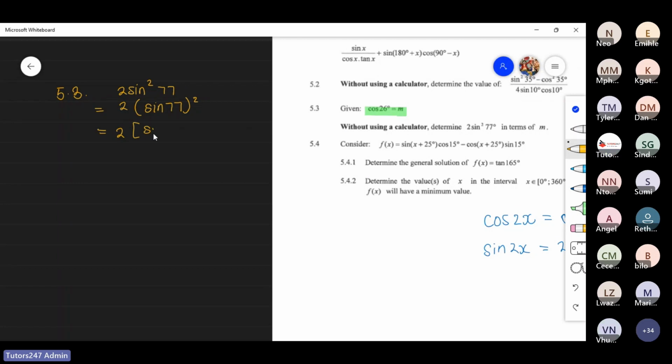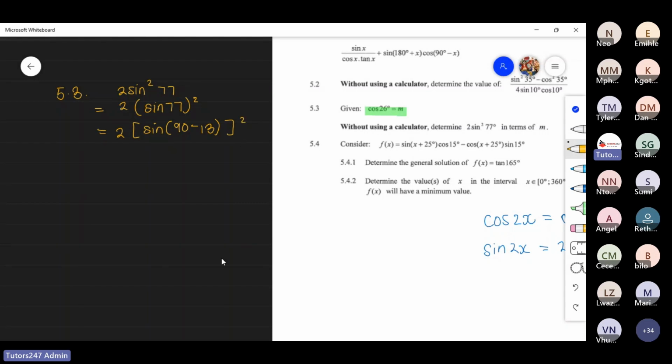We're going to introduce 90 minus, to make it a co-ratio. So what number am I going to put after the minus sign? I need to put a number such that when I subtract it from 90, it gives me 77. So if I subtract 13 from 90, is that not equal to 77?